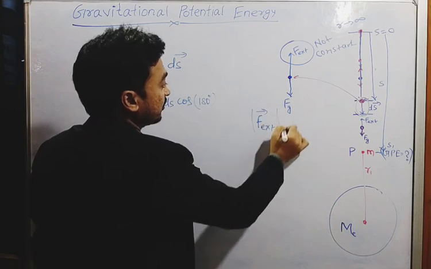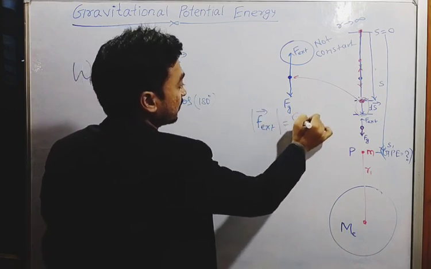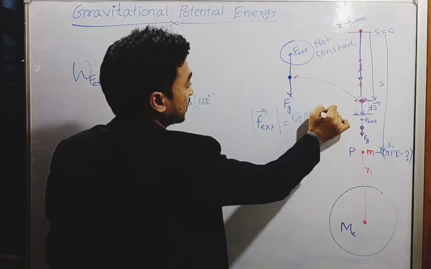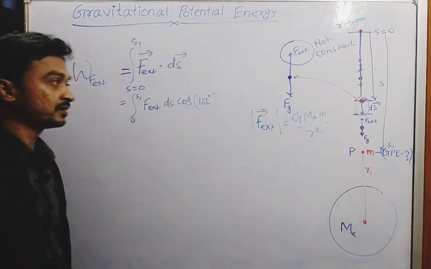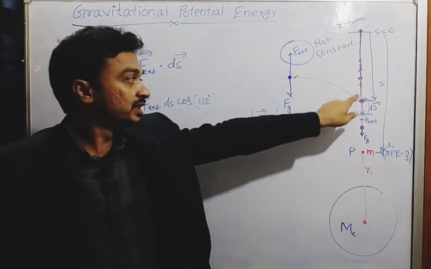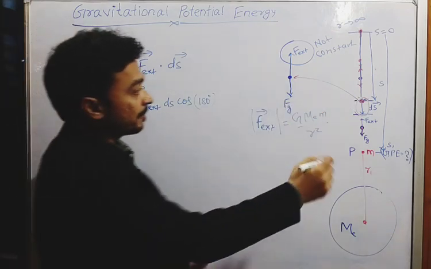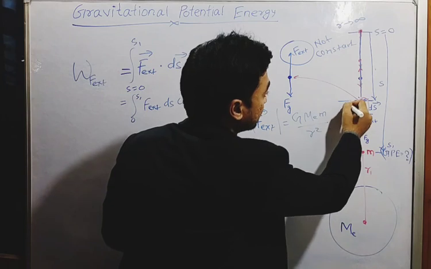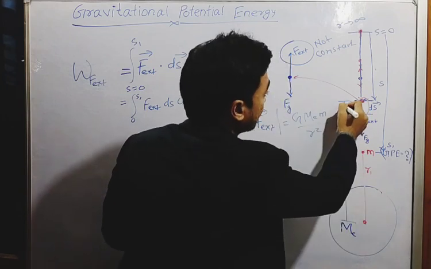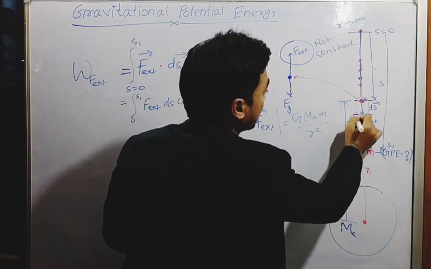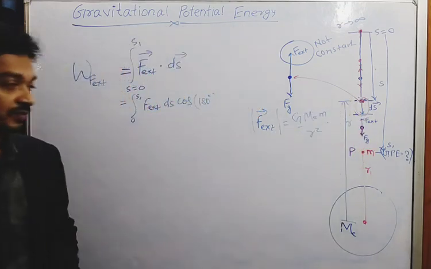Magnitude of external force will be equal to G mass of earth, mass of object by r square. At this position, let's say this position is at a distance r from center.